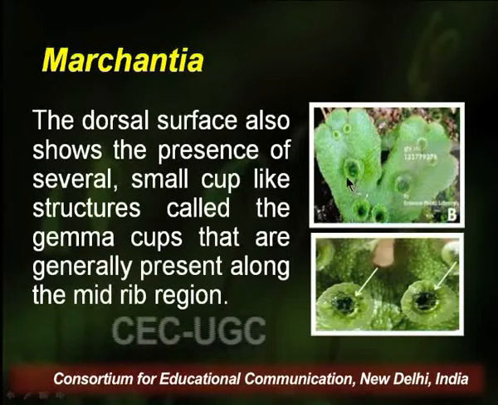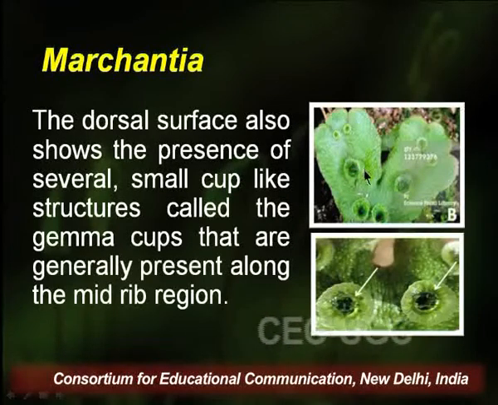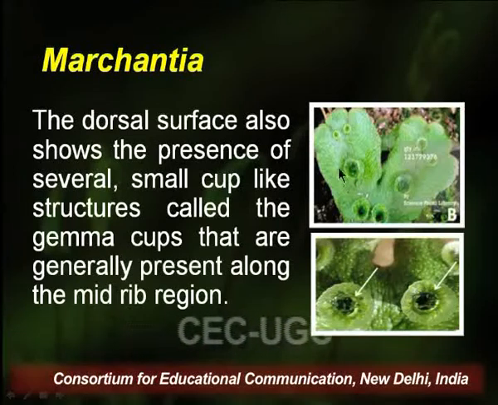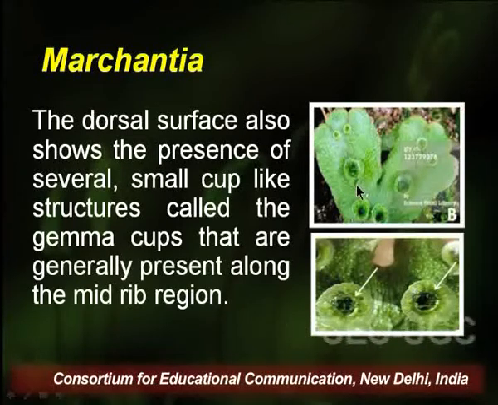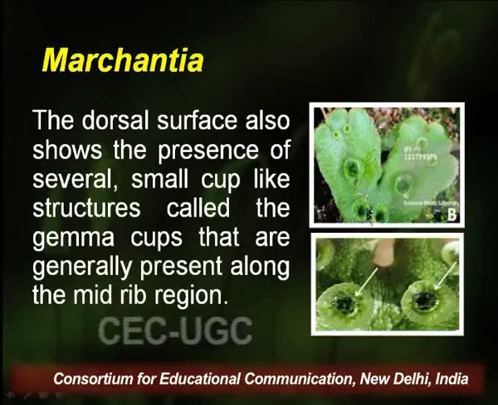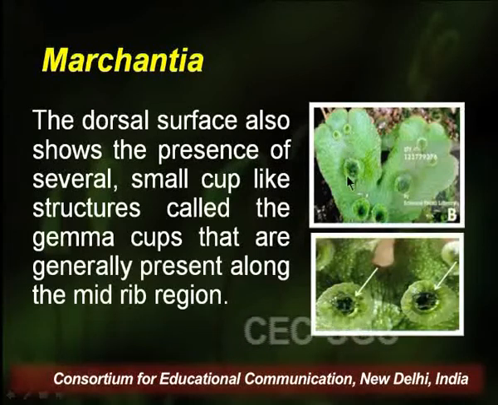These structures bear small vegetative organs called gemmae, which later on will get detached from the thallus and will give rise to a new young offspring. The position of the gemma cup on the thallus, you could see, is primarily on the midrib region.